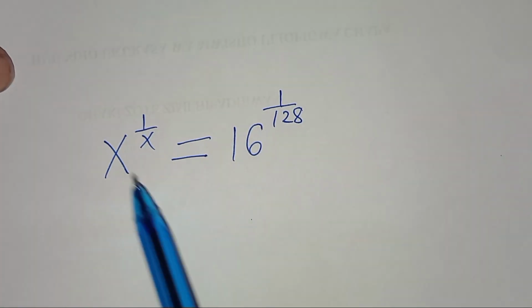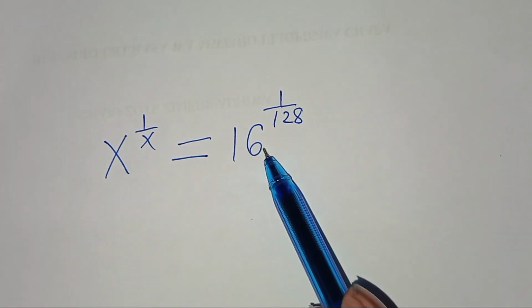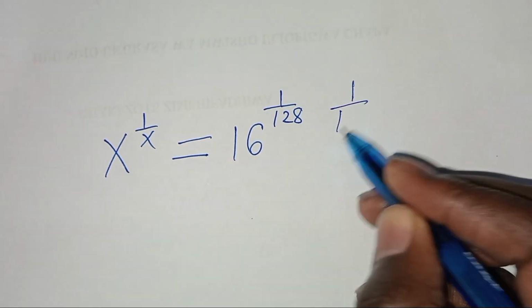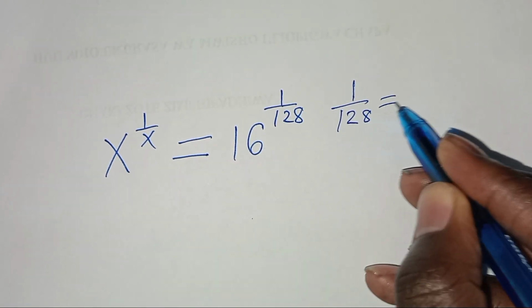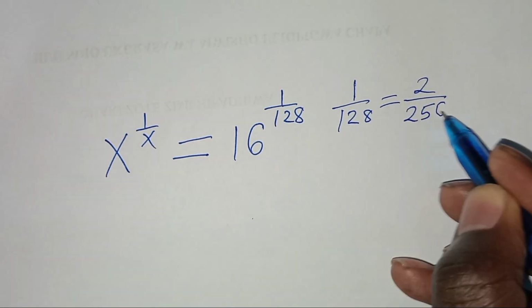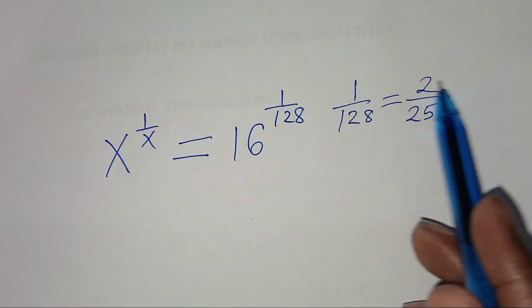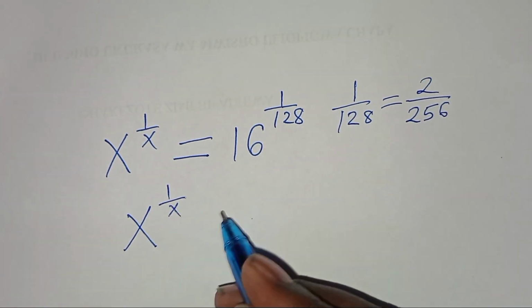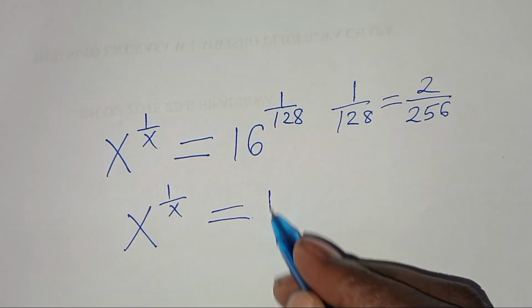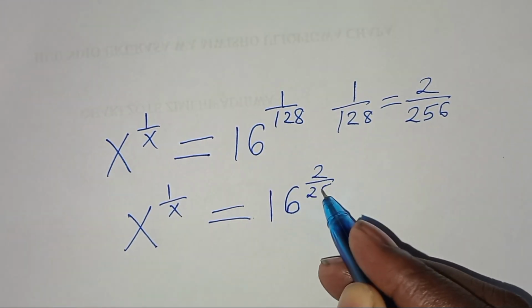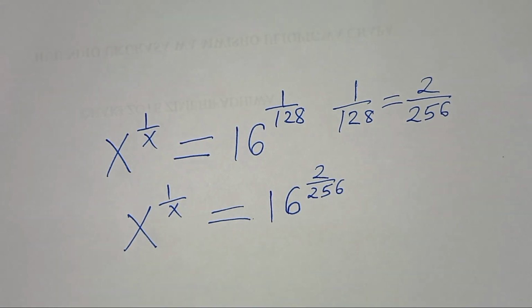Now here we have x to the power 1 over x equal to 16 raised to the power 1 over 128. Now 1 over 128 can be expressed as 2 divided by 256. So let's substitute this, so that here we'll have x to the power 1 over x equal to 16 raised to the power 2 over 256.